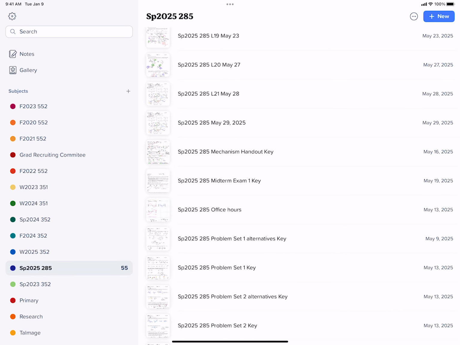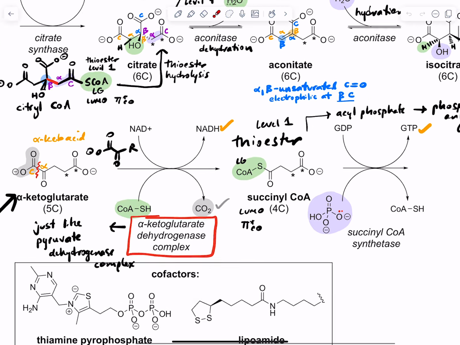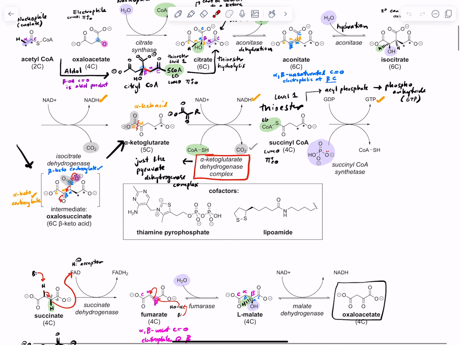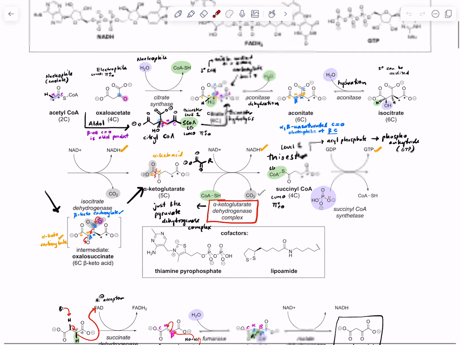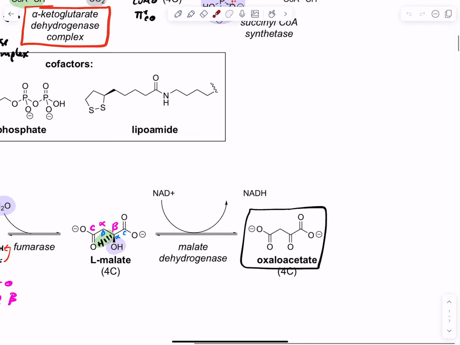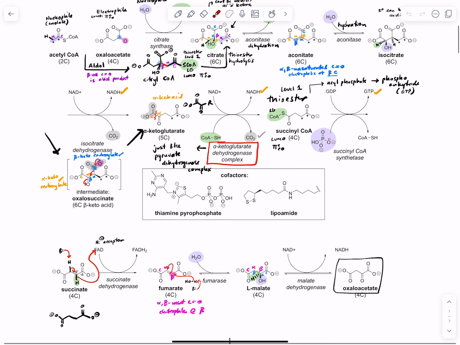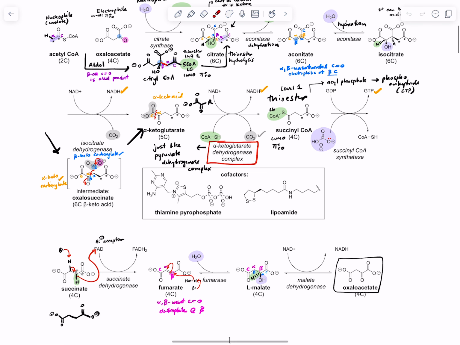Just to remind you where we're going, having made succinyl-CoA, we're now down to 4 carbons. So our task from this point on is to get to oxaloacetate so we can start the cycle again. There are, let's see, 1, 2, 3, 4 steps.